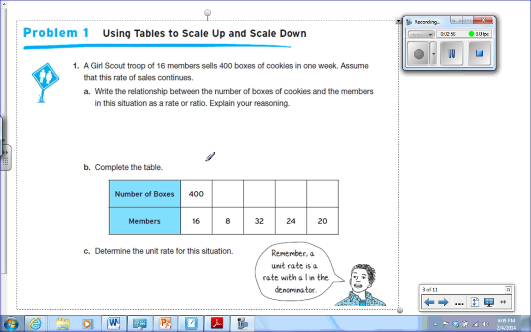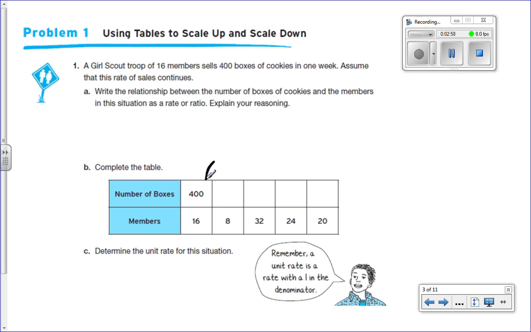If we look down in our table, we can see 400 boxes for 16 members. Well, if I were to write this as a ratio, it would look something like this. I would say that this is a rate because we are comparing two different quantities or two different units. So we have boxes and we have members, therefore it is a rate.